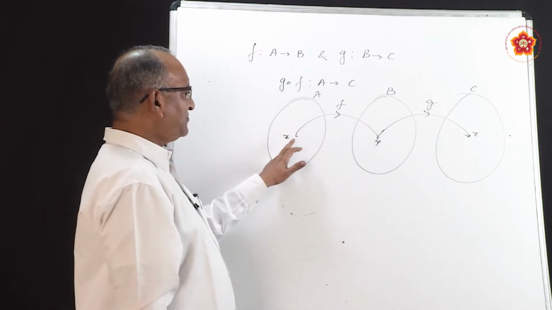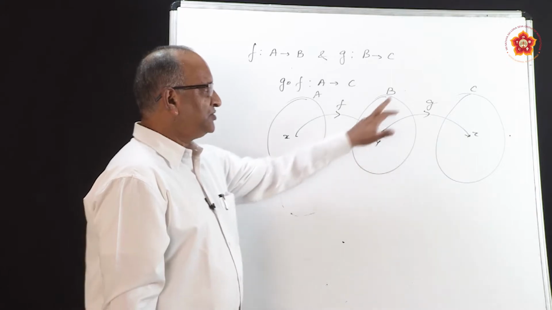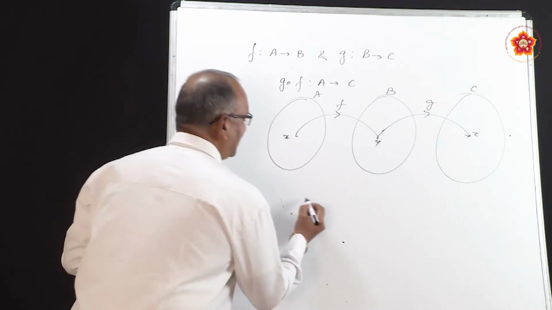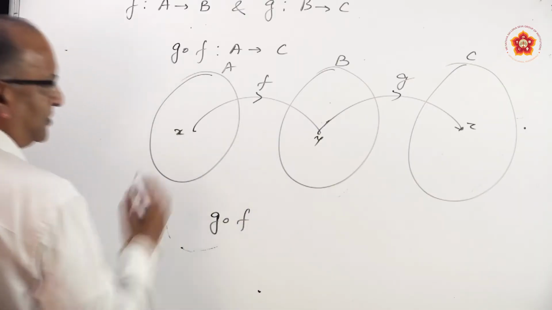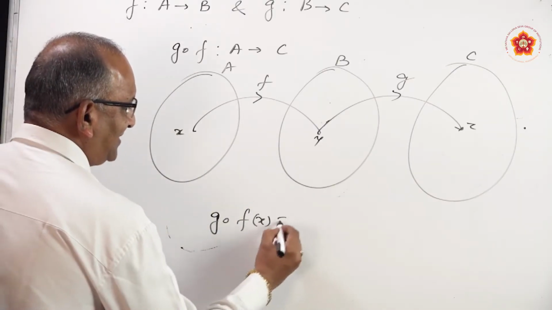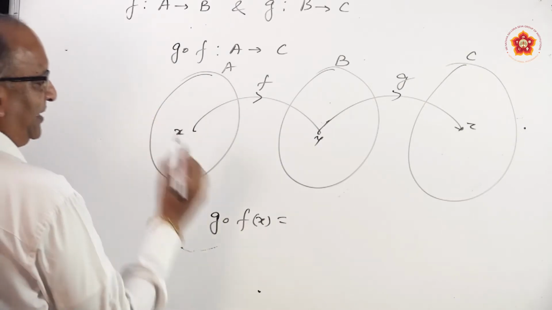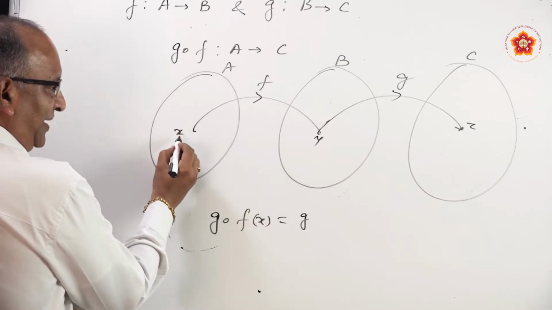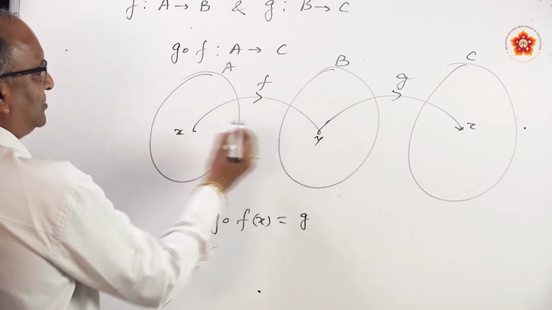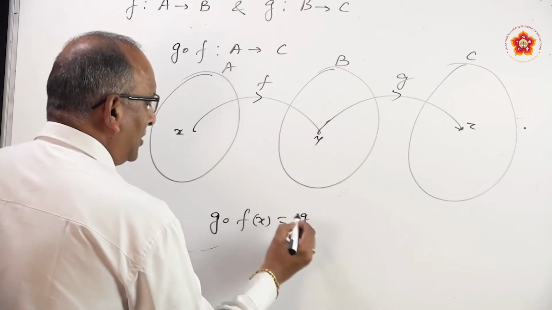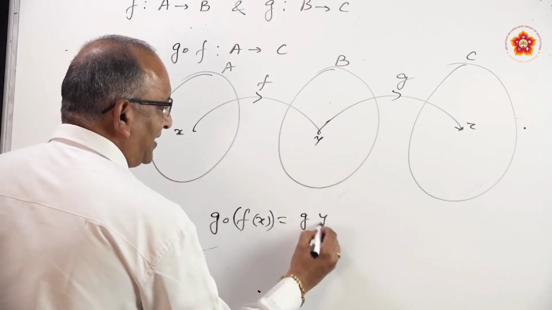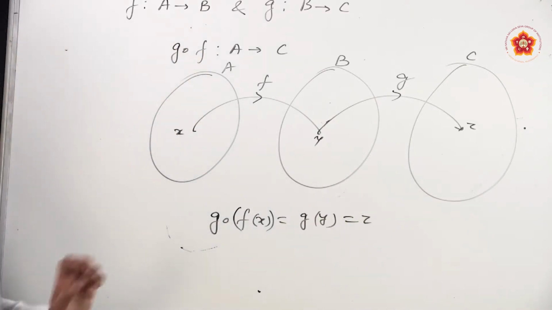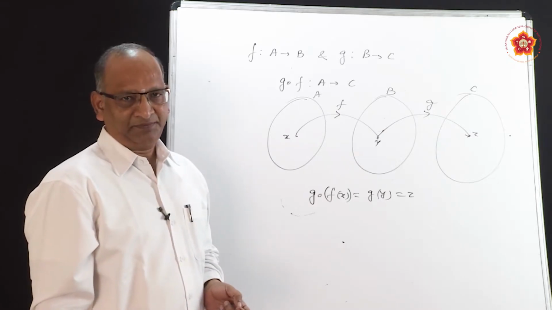F is a function from set A to set B, g is another function from set B to C, then we say g o f of x. What is g o f of x? For every element here, what is f of x? Image of x is y, so f of x can be replaced by y, and what is g of y? It is equal to z. So this is called composite function.